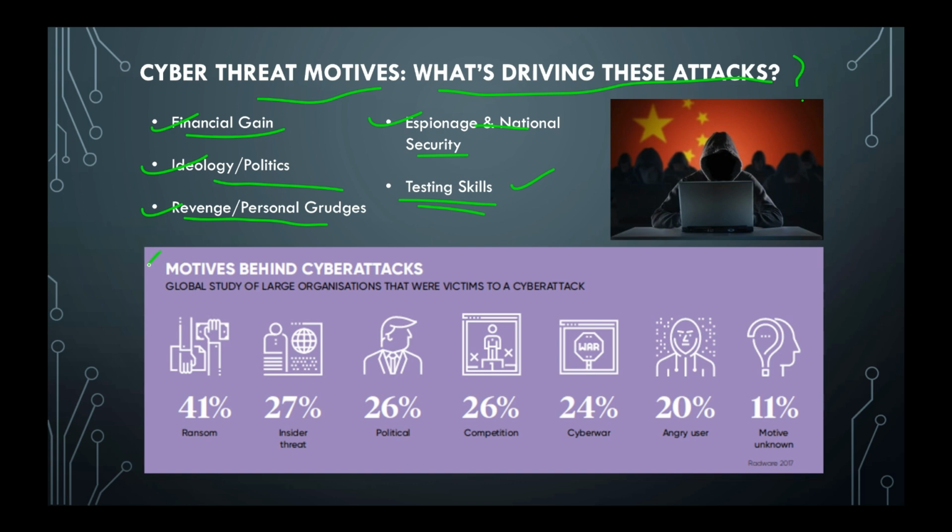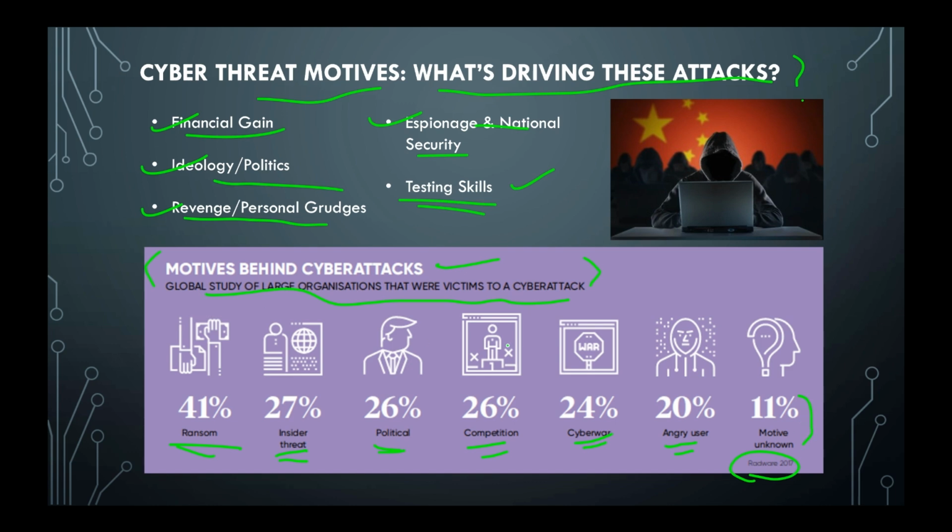So here is a snip I attached, from a company. You can see a global study of large organizations that were victims of a cyber attack. Motives behind cyber attacks: 41% ransomware, 21% insider threat, 26% geopolitically motivated, 26% competition, 24% cyber war, 20% angry users, and 11% motive unknown.